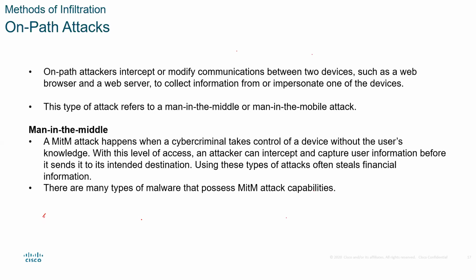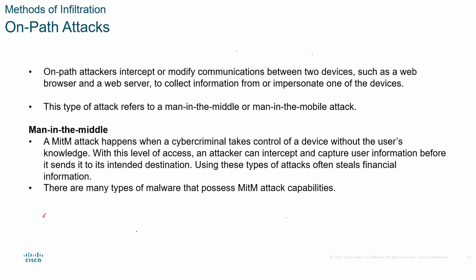On-path attackers intercept or modify communications between two devices, such as a web browser and a web server, to collect information from or impersonate one of these devices. This type of attack is referred to as man in the middle, or man in the mobile.